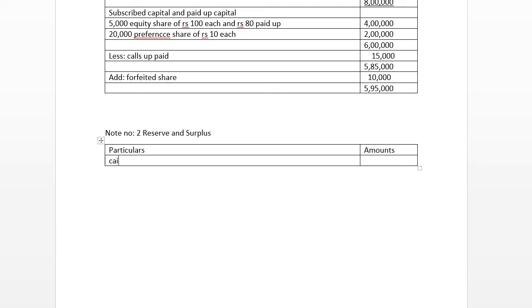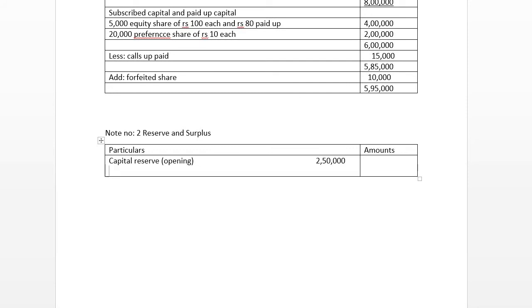Assume that for the time being capital reserve is given. Capital reserve means what? The reserve which is kept aside in the business that could help us in the long run for investment in long run projects. Assume that the amount of capital reserve is given as 2,50,000.